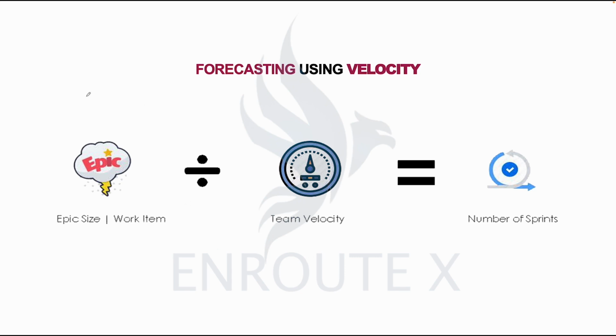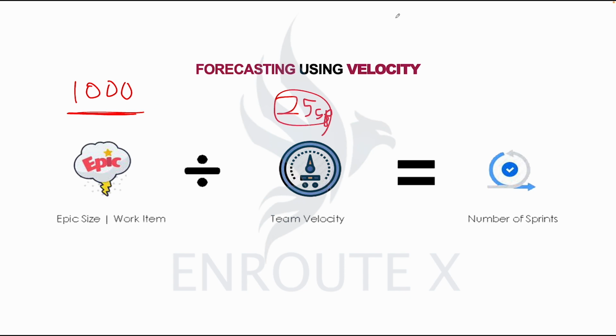Let's say, for instance, we want to deliver an epic, and the total epic is 1000 story points, right? If our team velocity is 25 story points, that means in every sprint the team does 25 story points. So the question is, how many sprints will it take us to finish 1000 total story points?